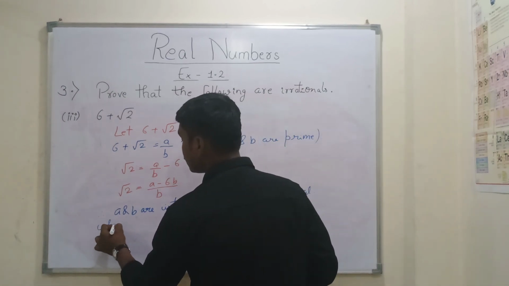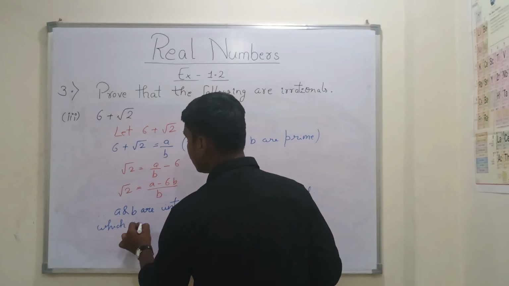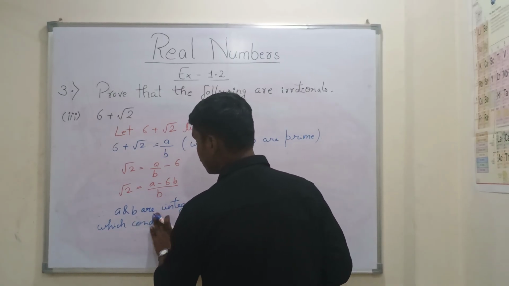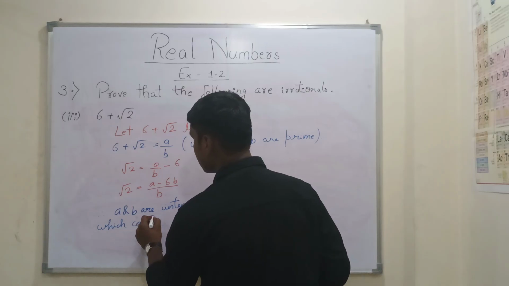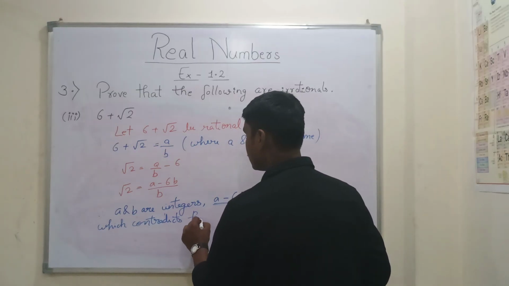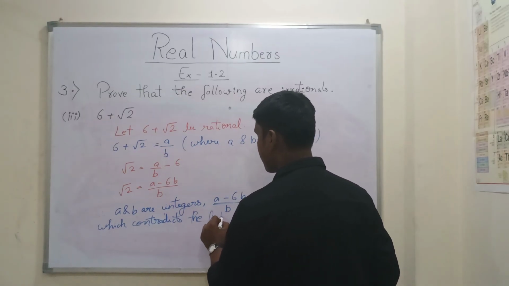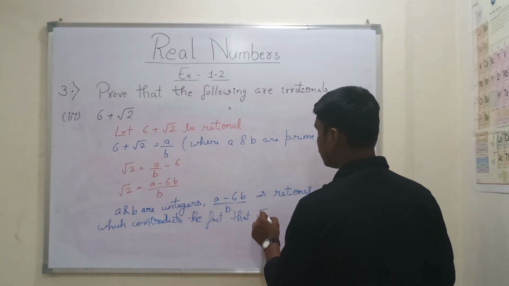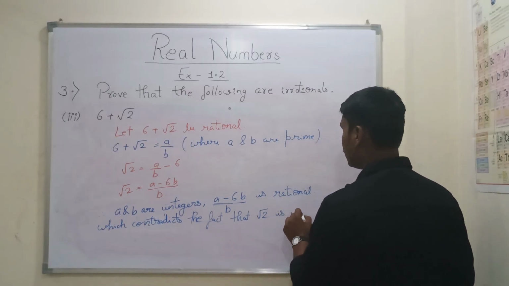Which contradicts the fact that root 2 is irrational.